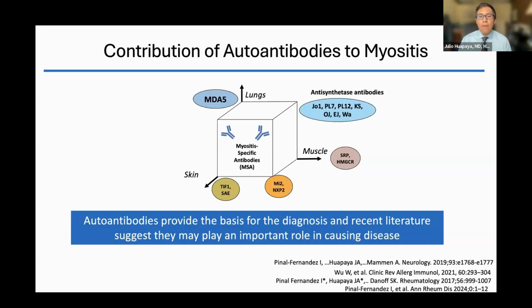And then we have a panel of antibodies, which is the panel that I usually see, which is composed of patients with these anti-synthetase antibodies, and these just are antibodies against a specific protein inside your cell, and also MDA5, which some of you may know is associated with rapidly progressive pulmonary fibrosis, and that's why there has been a lot of interest in that particular group.